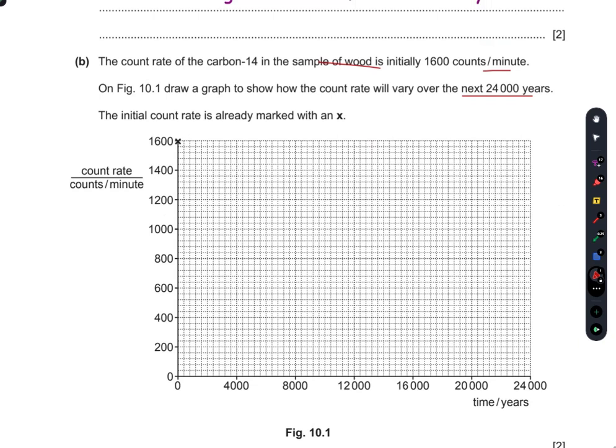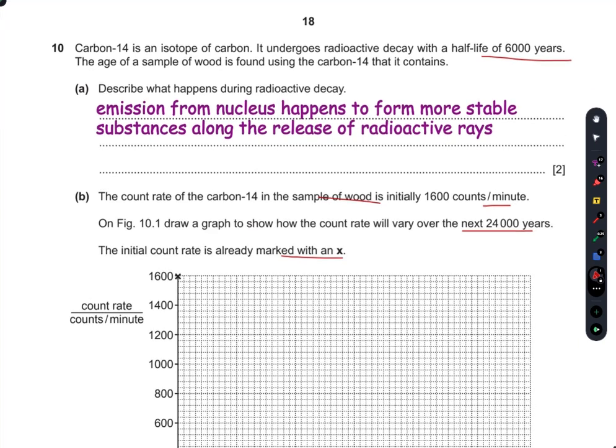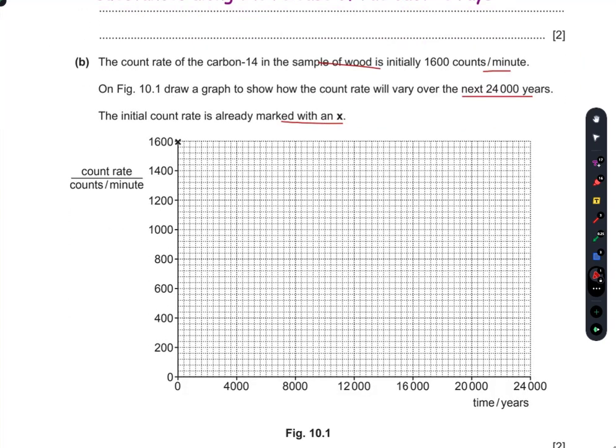The initial count rate is marked with an X. The half-life is 6,000 years, so during the first 6,000 years, it would become half.